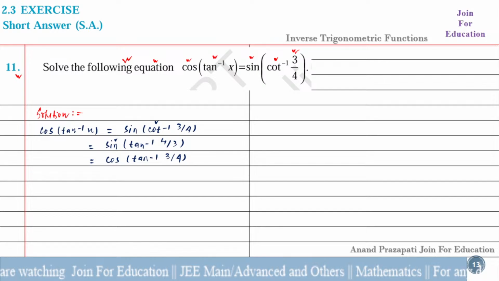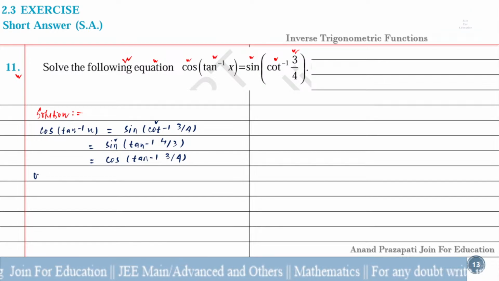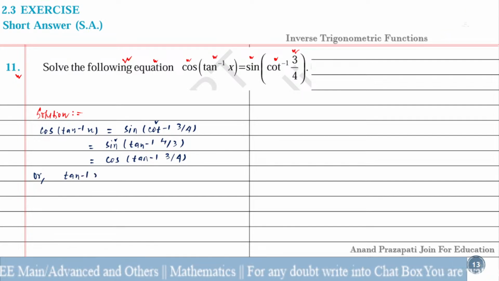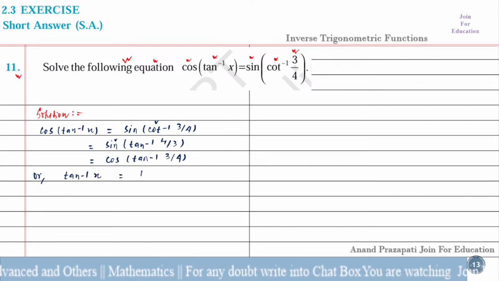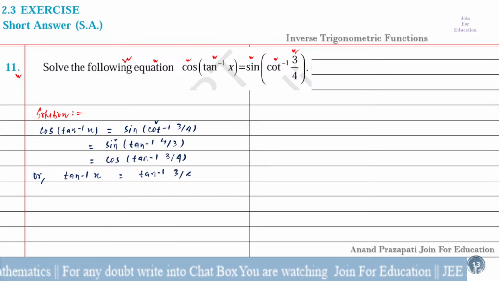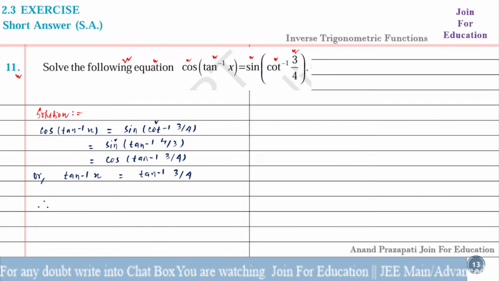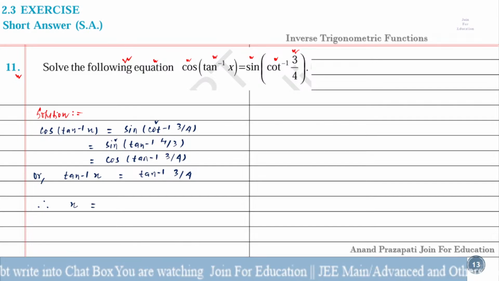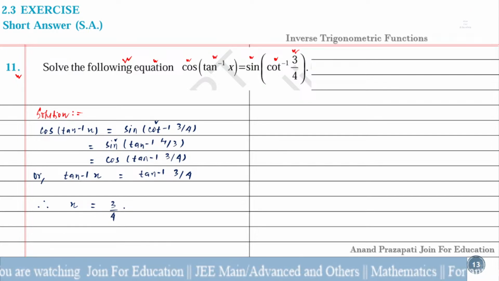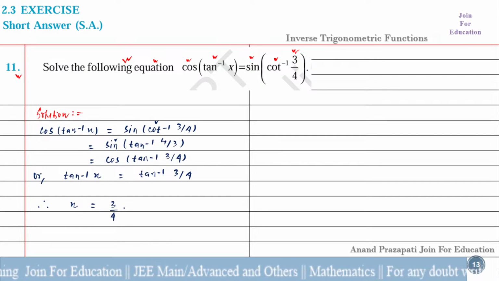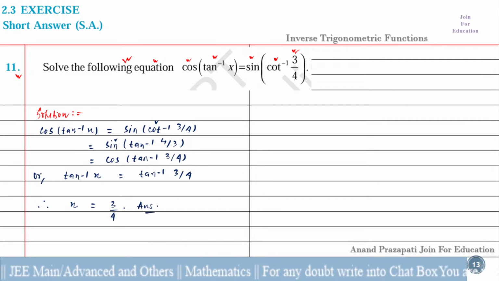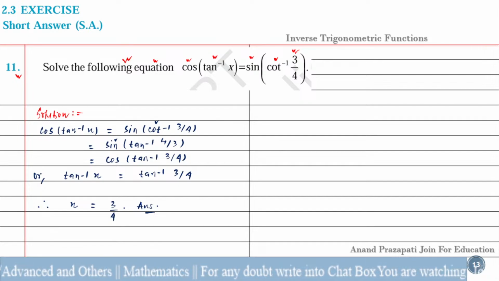So both side we have cos, so here will be tan inverse x equal to tan inverse 3 by 4. Therefore x equal to here will be 3 by 4. So the answer of this question is 3 by 4. After there is no problem to understand the solution of this question.